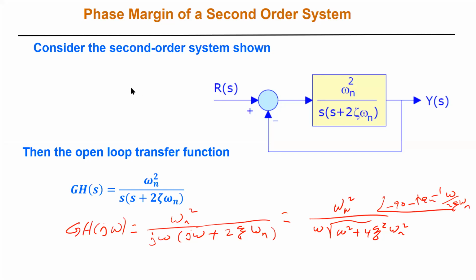Any volunteer? We need to find the crossover frequency. So first of all, we have to find the gain crossover frequency. That's basically, we will set the magnitude equal to 1.